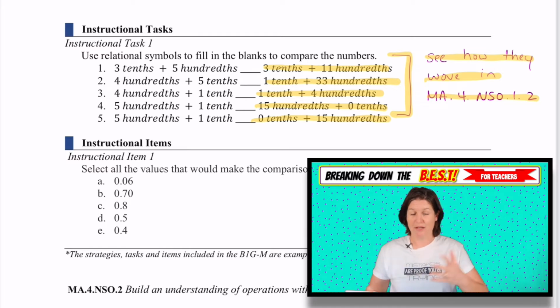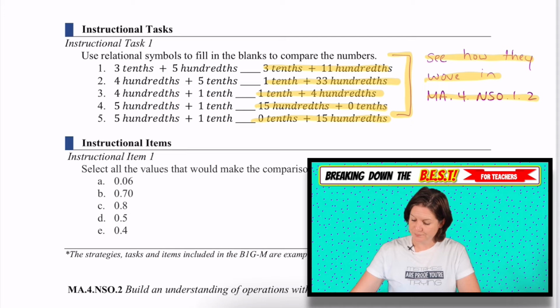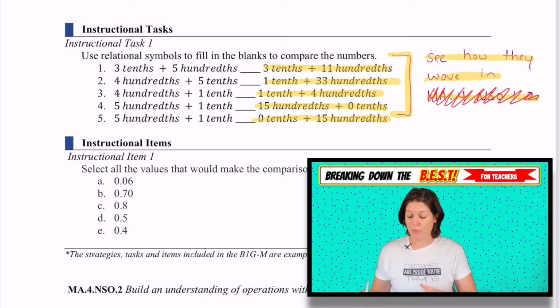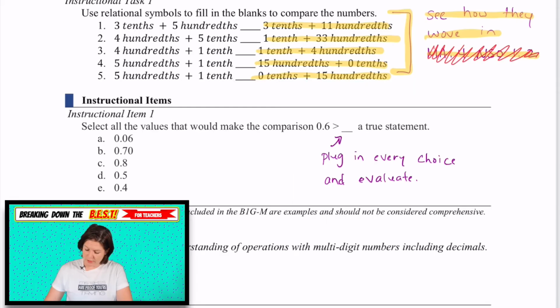So just be on the lookout for that. I'm going to go ahead and mark that wrong. This is not the right standard for that, so don't think about that. But what I'm trying to say is pay attention to how they're also decomposing numbers there too with decimals. See all the values that would make the comparison true. So I have mentioned here just teaching your students to plug in every choice and evaluate there.